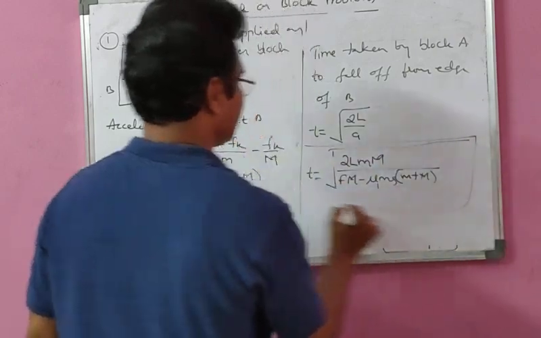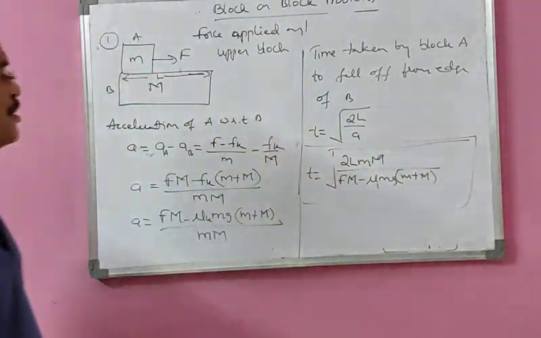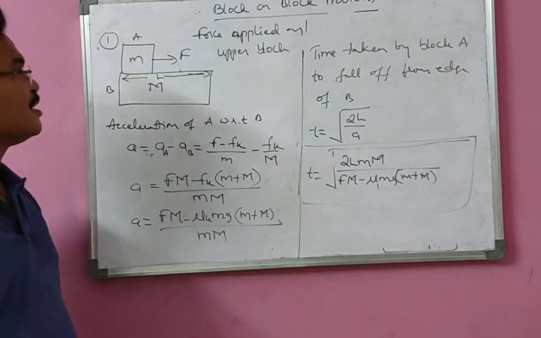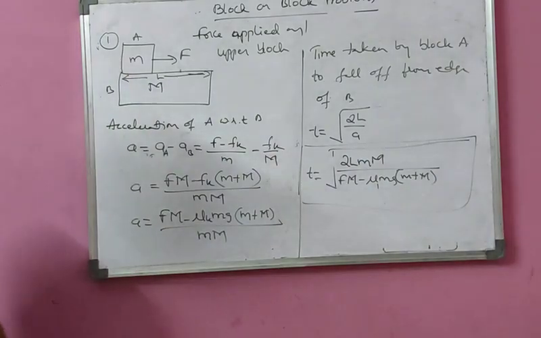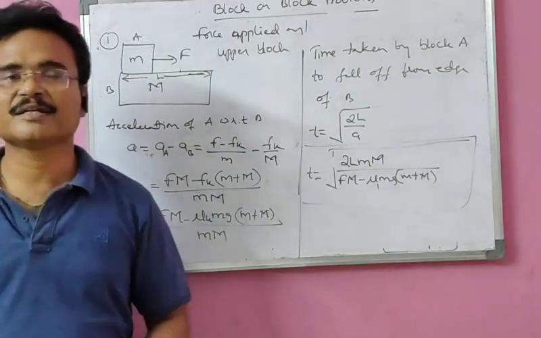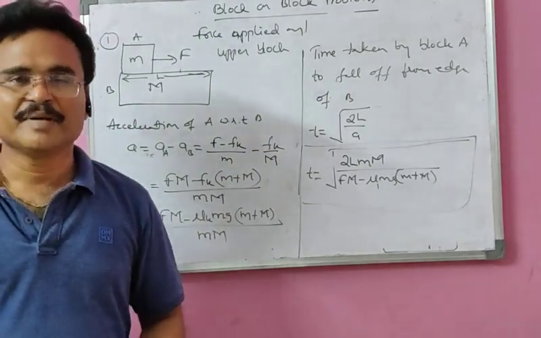So this is the time taken by the upper block to slide off the edge of the table over the lower block. So this is the third case, where the applied force is greater than the limiting friction.